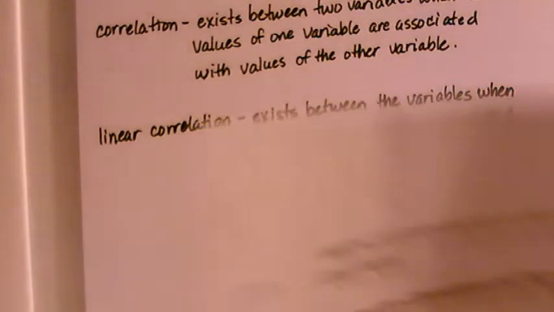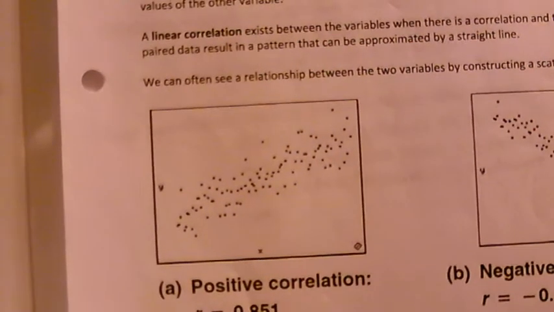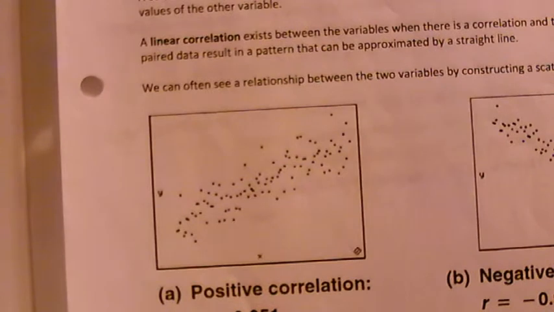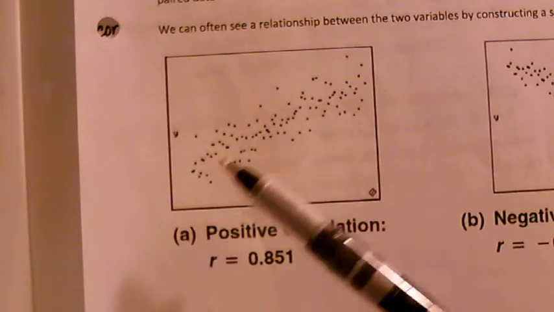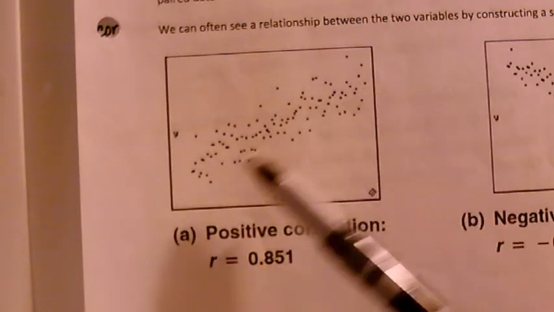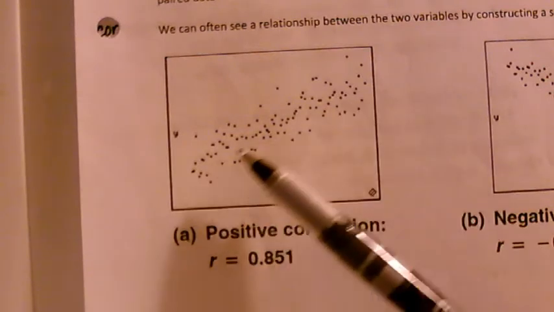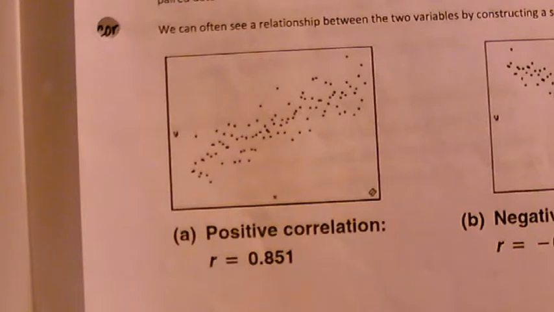And in this case, let's look at some illustrations of correlations. Here we can often see the relationship between two variables by constructing what they call a scatter plot. This one on the left-hand side represents a positive correlation. The points of paired data usually increase as the x value increases.